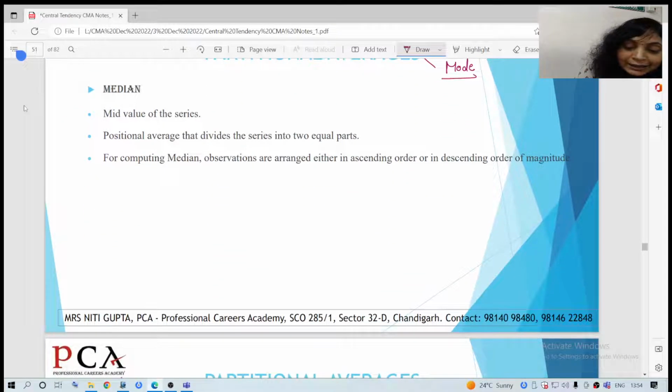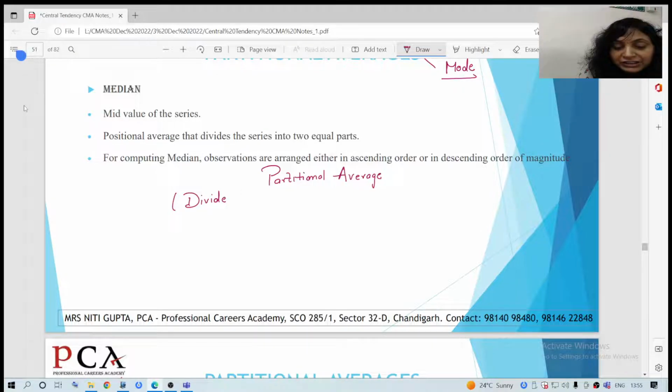First I am discussing partitional averages. Partitional averages are those averages that divide the entire series into partitions, into different parts. So the averages that divide the series into parts are called partitional averages.